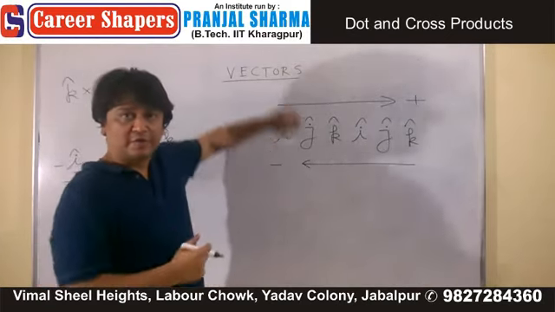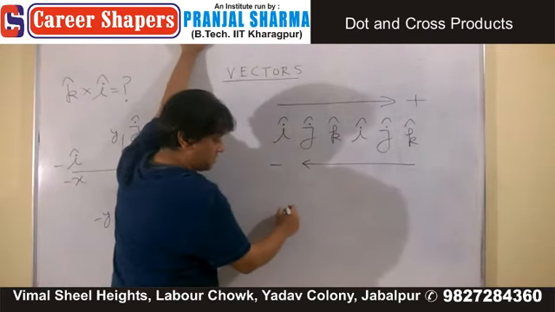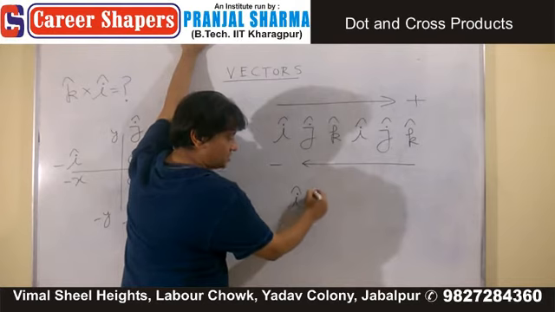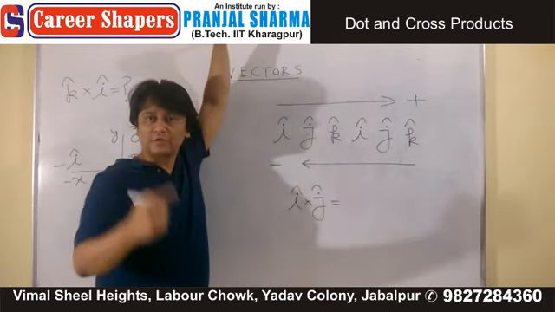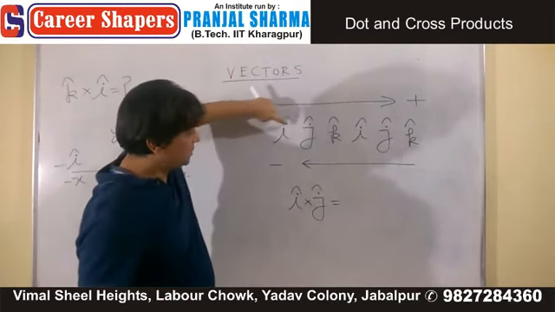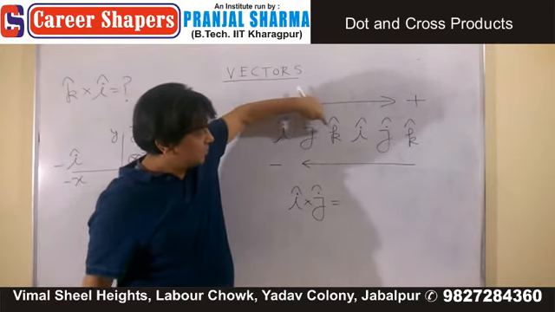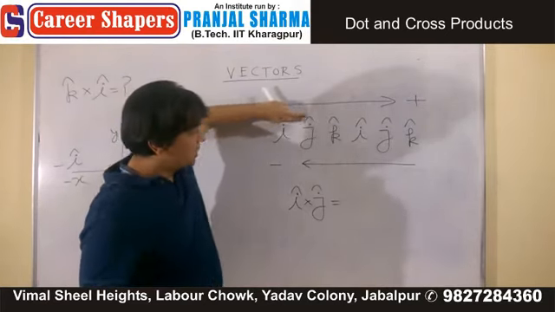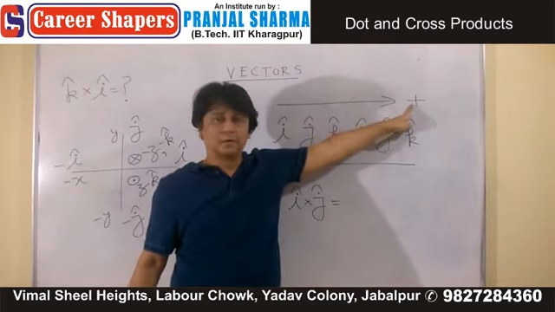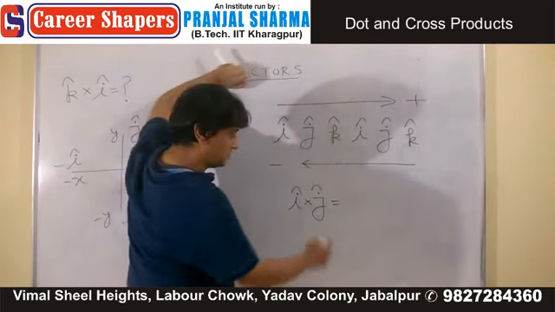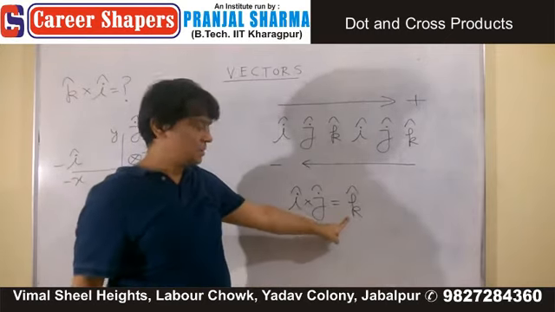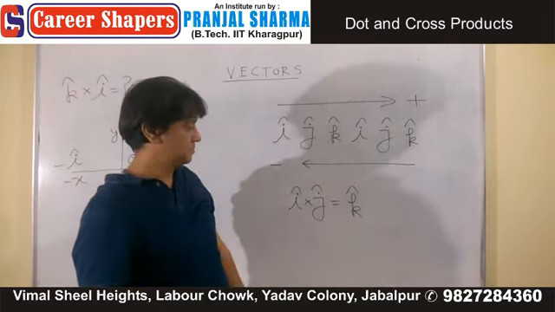How do you get positive and negative things? Now, they asked us I cross J. Look at the trick. I cross J. Pick up the next one, K cap. You're going this way, it should be positive. I cross J is what? K cap.